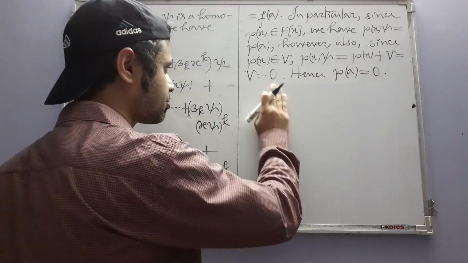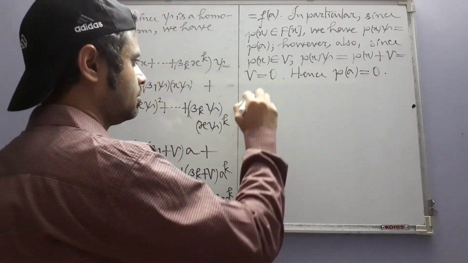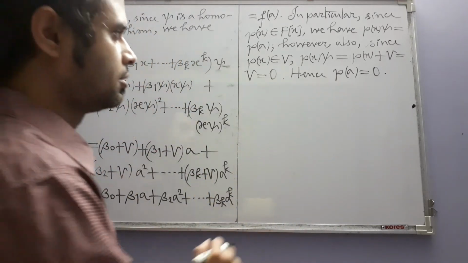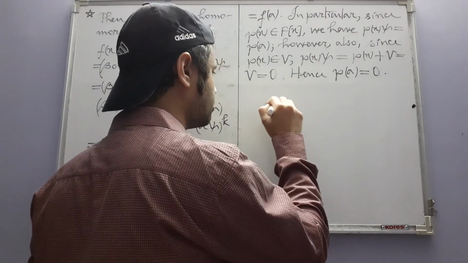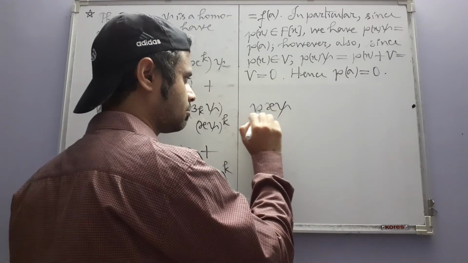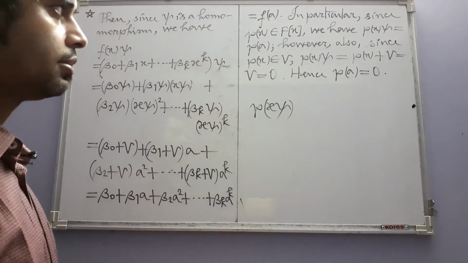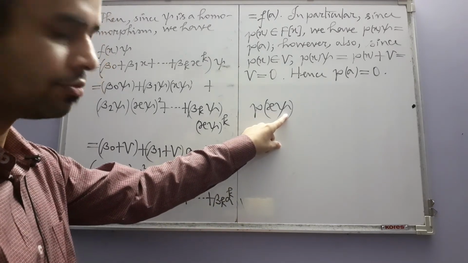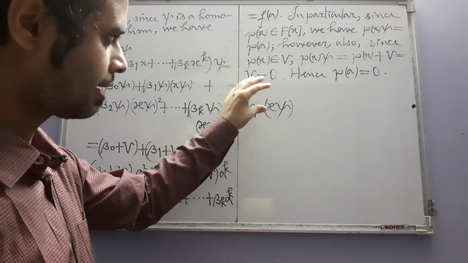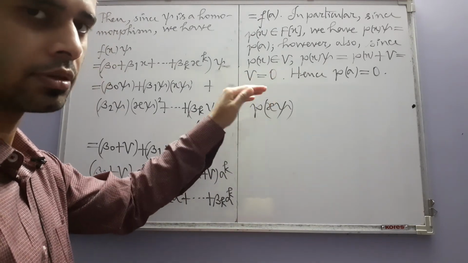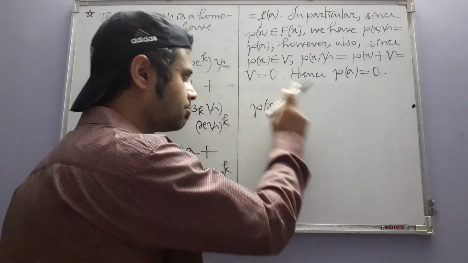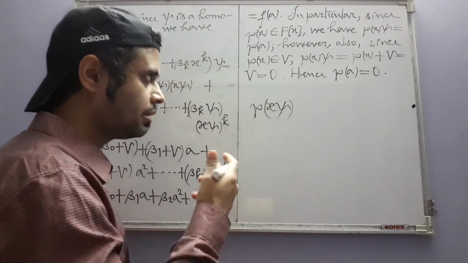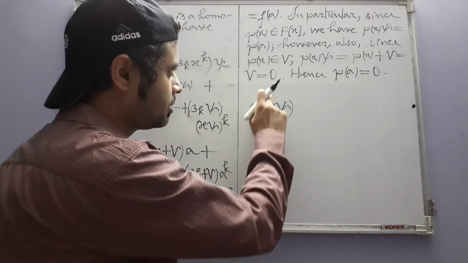What we have shown ultimately is that in the expression for the polynomial p of x, in place of x, if you put this thing, then you get the zero element in v. This of course is an element in E. Whatever you get after substituting the indeterminate x in the polynomial p with this particular element in E is again an element in E, but that element now turns out to be 0.